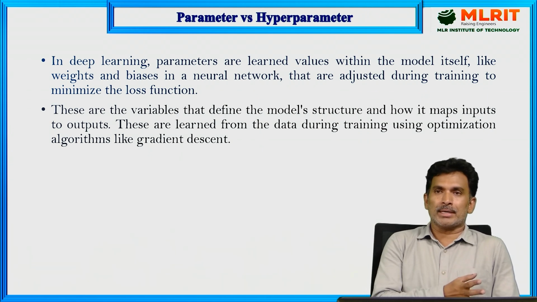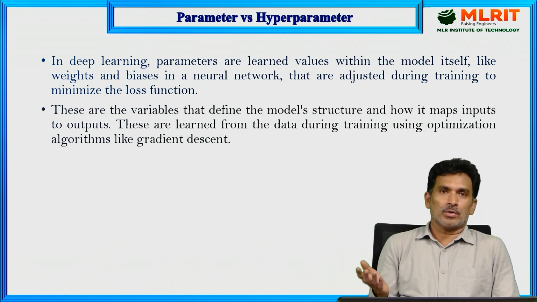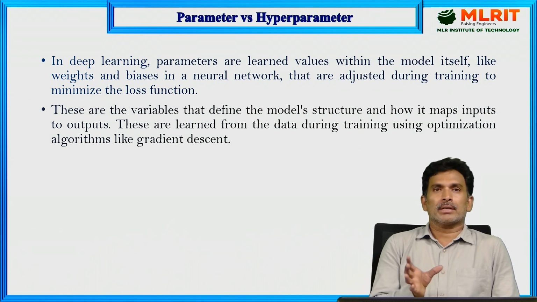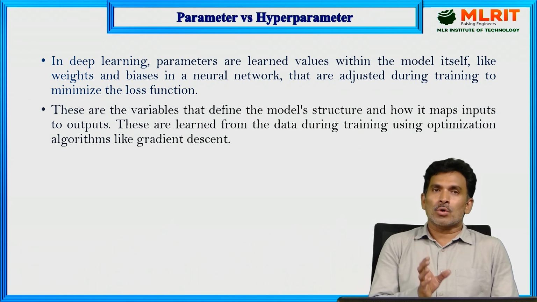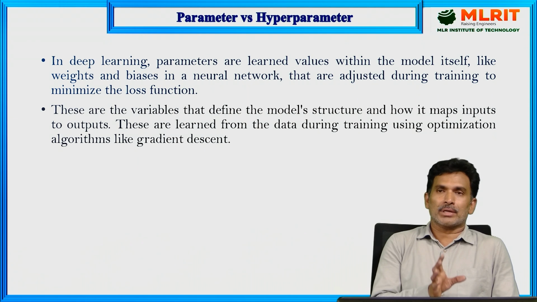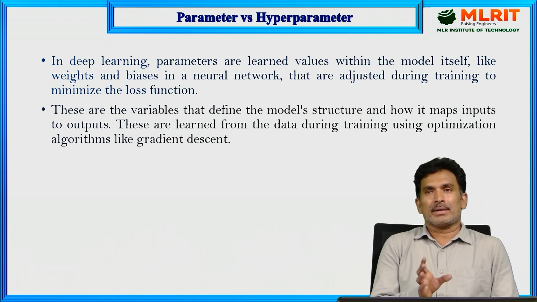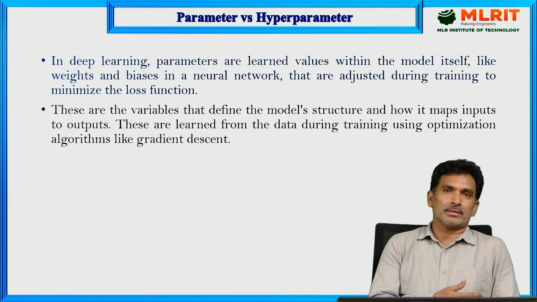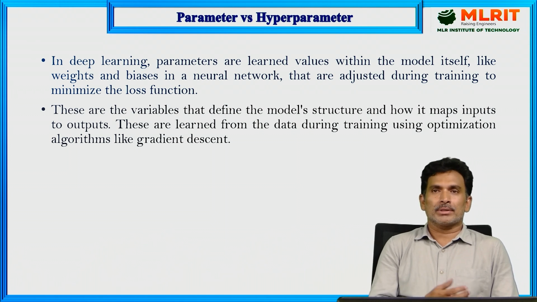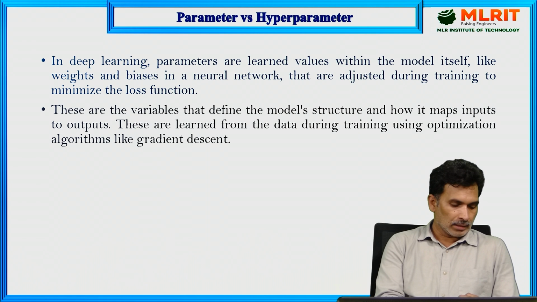Input contains the features, and then output. So it has to identify the exact relationship, or capture the underlying patterns. These parameters are learned from the data during training using optimization algorithms like gradient descent.